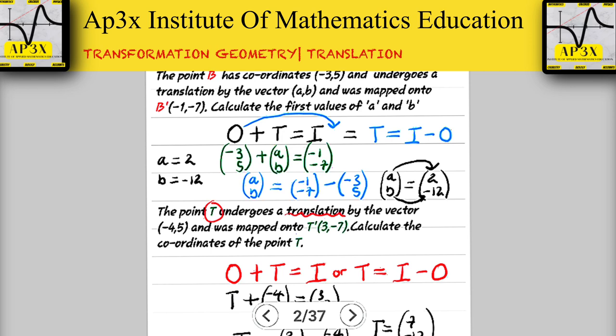So have some fun with some worded questions. Of course, I will try to provide links to useful sites where you can get useful translation questions and exercise this very simple skill that we just learned, how to move around the formula O plus T equals I. For this particular segment of the video, we just went through the worded calculation for the translation vector.